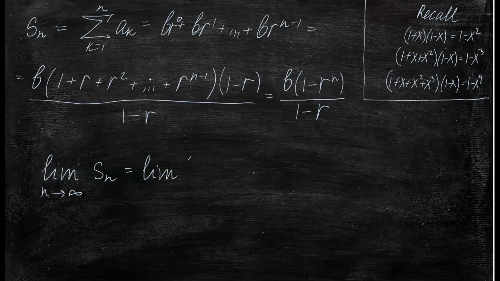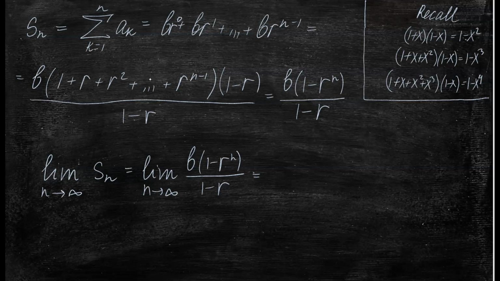And if we plug this result into the limit, it becomes pretty clear that the limit depends on what's going on with r to the power n. And we know that raising numbers to large powers produces different results depending on the number that you raise to the power.